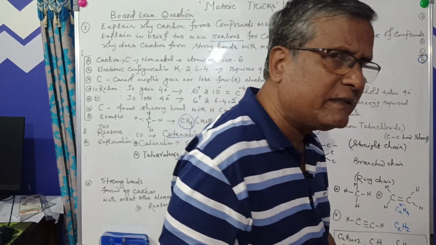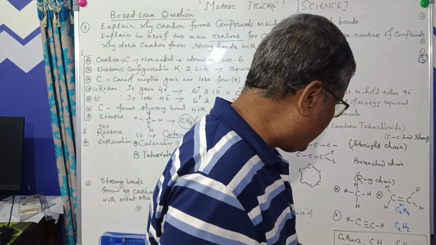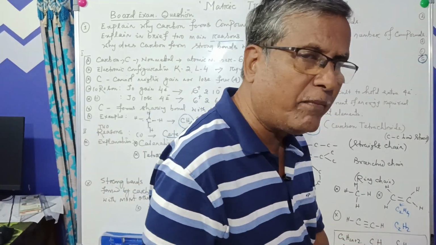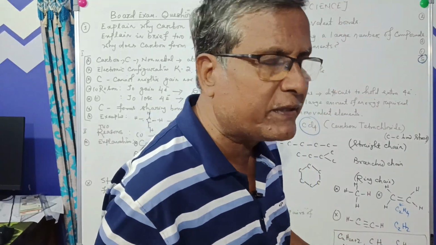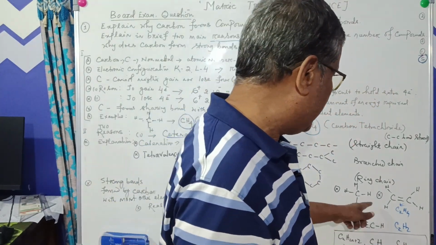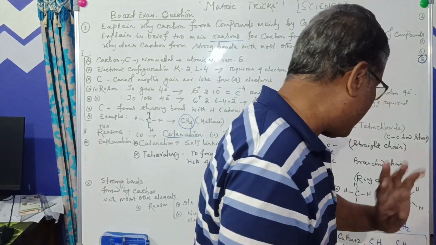This formula is in your textbook, but the formulae for alkane and alkyne are not given in the textbook, so you have to remember them and consult your teacher to get the formula and apply it to know the saturated and unsaturated hydrocarbons.